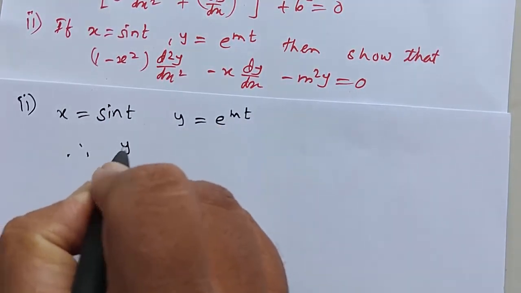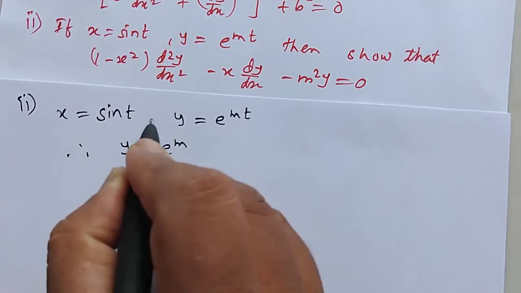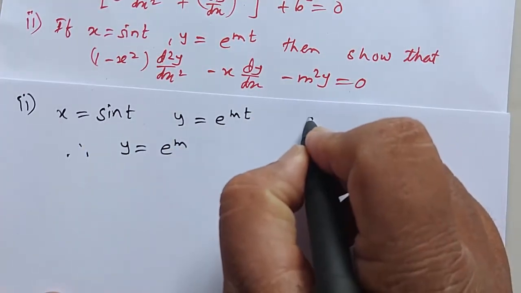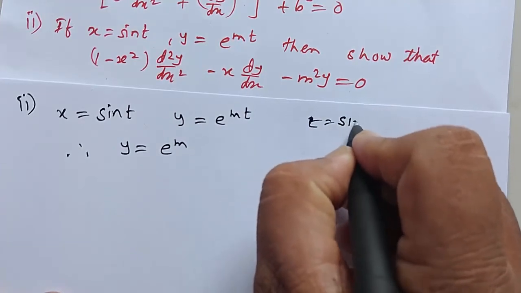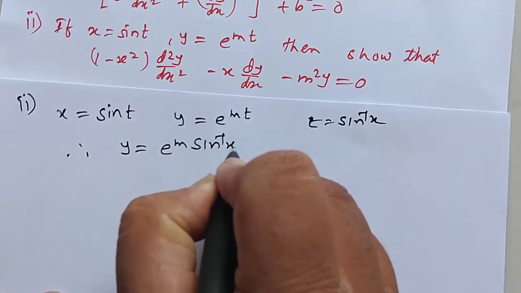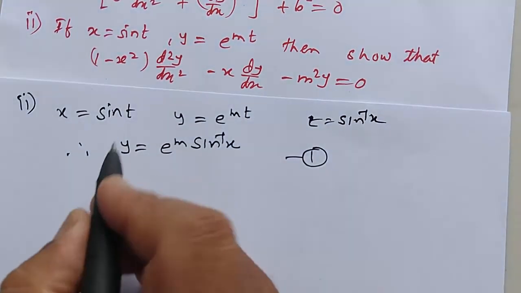Therefore y becomes e raised to m t, and x is equal to sin t, so t is equal to sin inverse of x. We put the value of t, it is sin inverse of x. This is equation number 1.